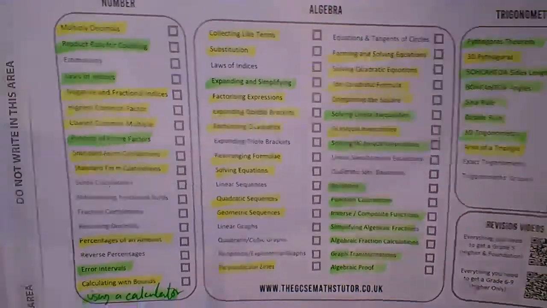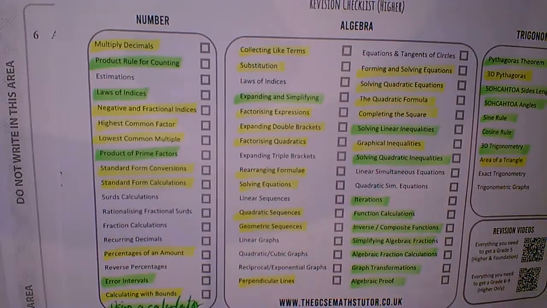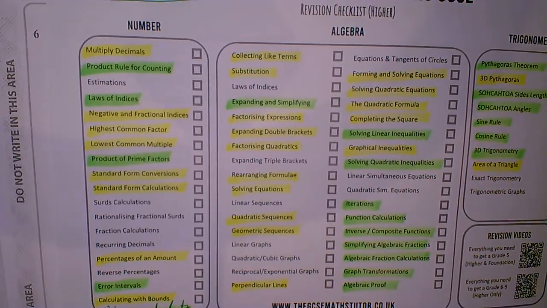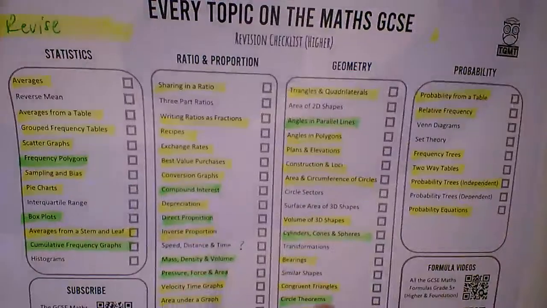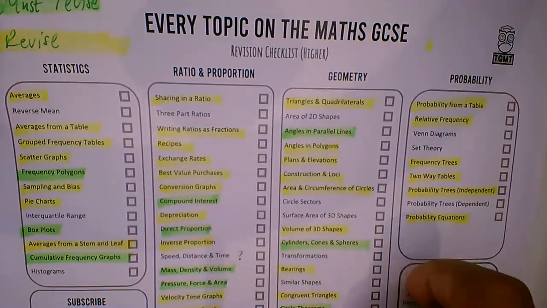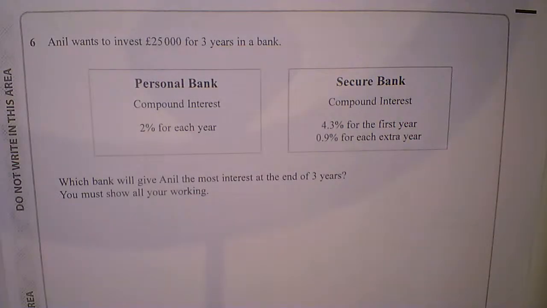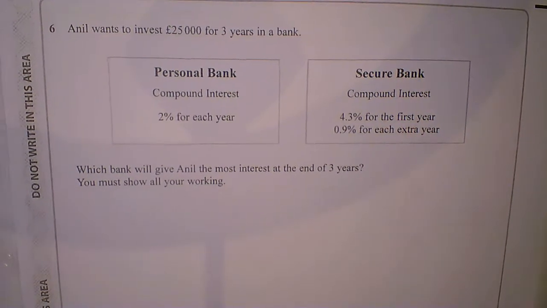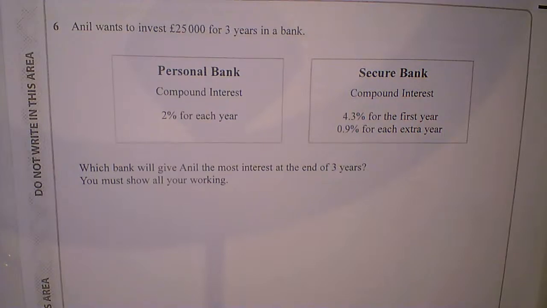It is a topic that we should be revising. Compound interest is a must. This will come up, if not paper 2, paper 3. So this is a topic that you must master. I'll give you a few seconds. Off you go. Have a try.